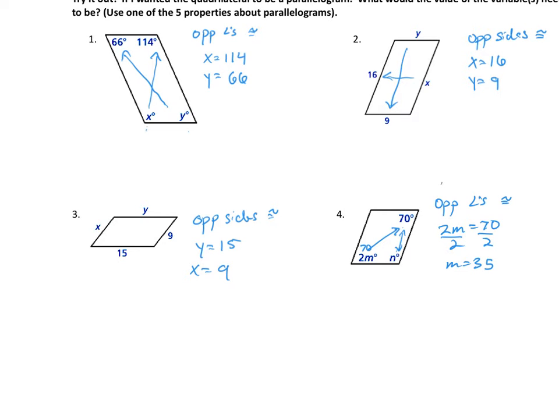So consecutive angles are supplementary. So that means N equals 180 minus 70 degrees, which gives me 110 degrees. So there we go.